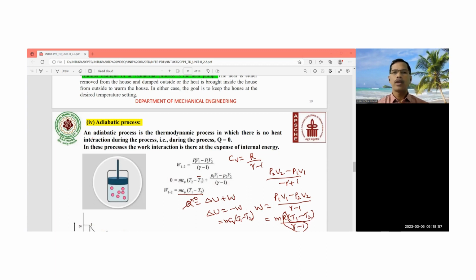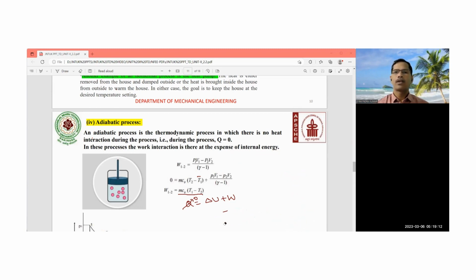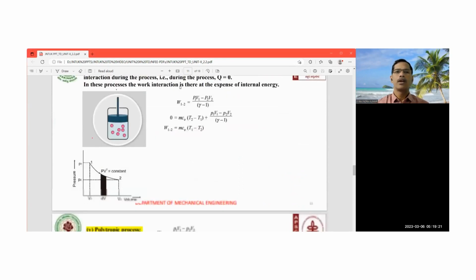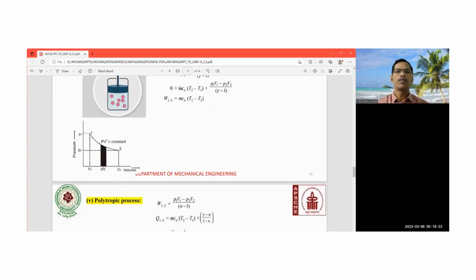So these are the heat transfer and work transfer relations for the adiabatic process. This is what you need to apply for developing the expression for work transfer for an adiabatic process. See here, PV to the power of gamma is there.